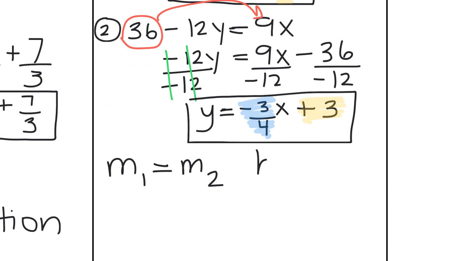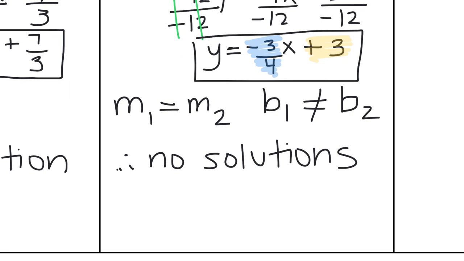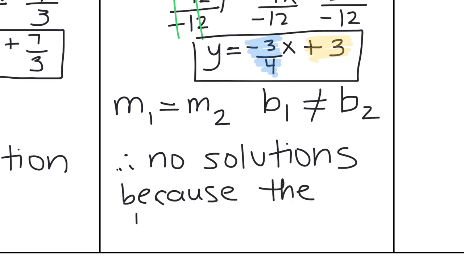So I'm going to say my y-intercept in equation 1 is not equal to the y-intercept in equation 2. So that tells me, therefore, there are no solutions. There is no point of intersection for these two equations because the lines are parallel.